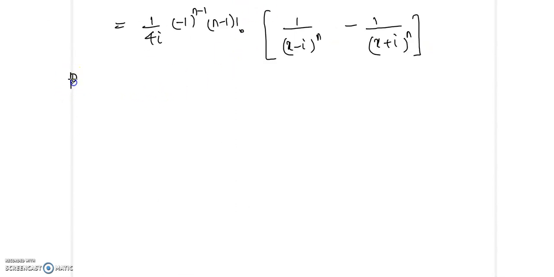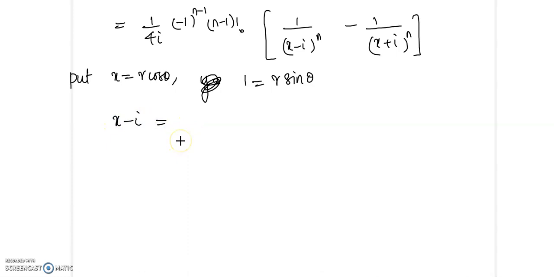So this is what we will be getting. And now let us put x equal to r cos theta and y equal to 1 equal to r sin theta. So x minus i will be r cos theta minus i r sin theta.